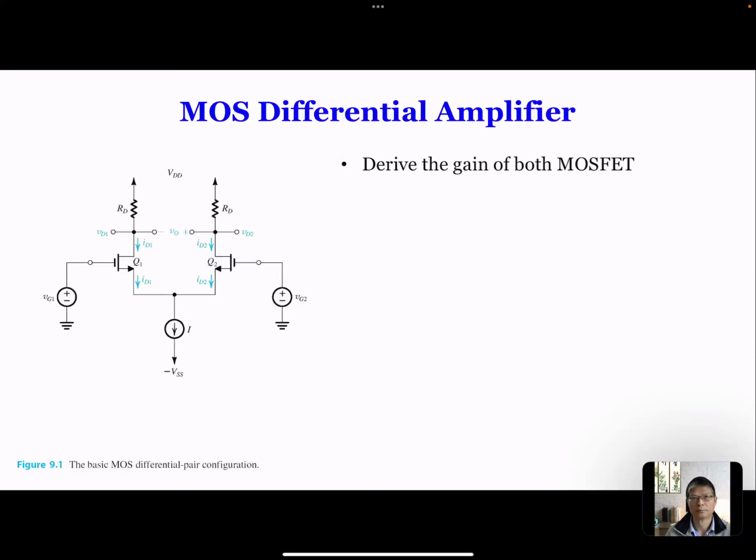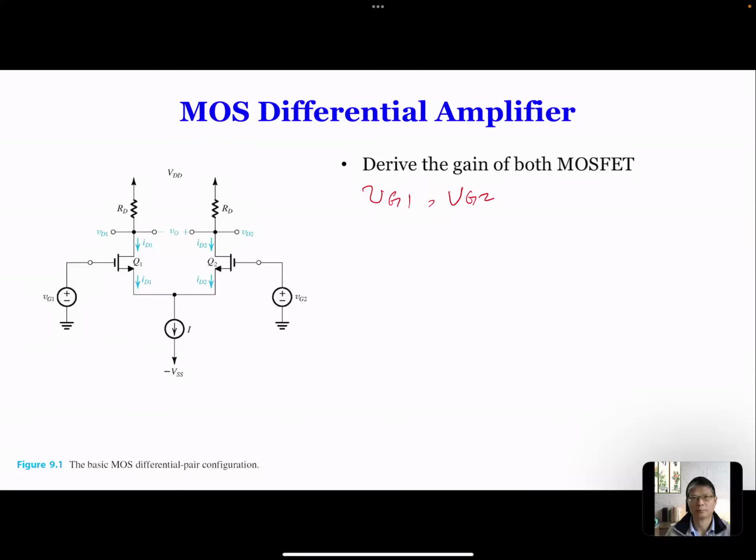But before that, let me bring up this differential amplifier circuit. So in this circuit, you can see we have 2 MOSFETs. They're both NMOS. At the gate of each MOSFET, there is a voltage input connected, which is VG1 and VG2.